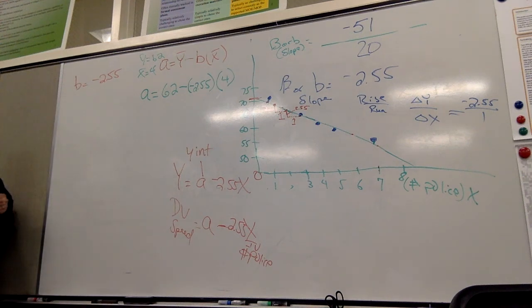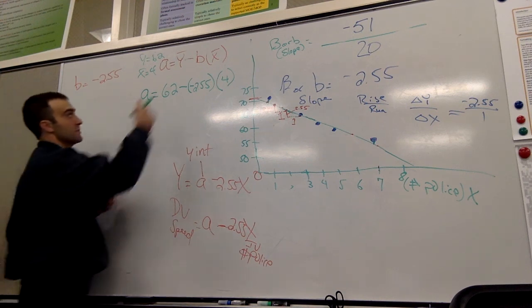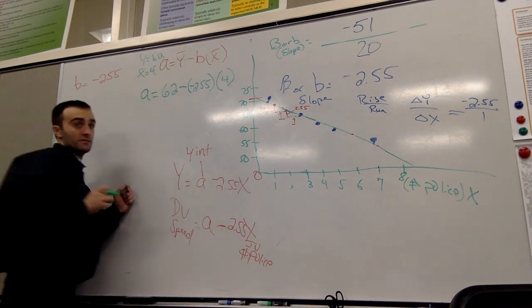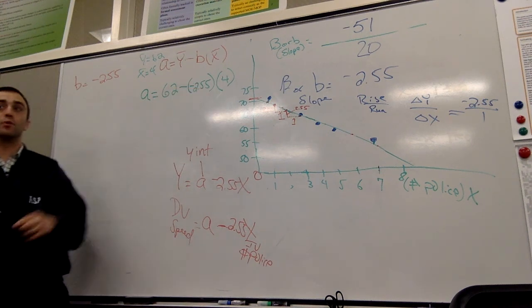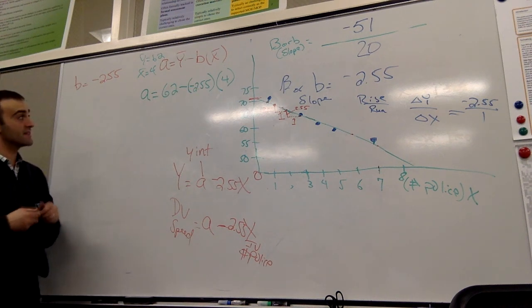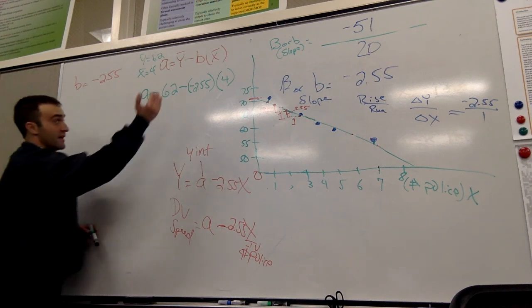That negative on that beta goes, this is going to be minus the beta. So that's why we got a minus the negative 2.55 times 4. That minus stays there, and then whatever your beta is, including the sign, goes into the beta.